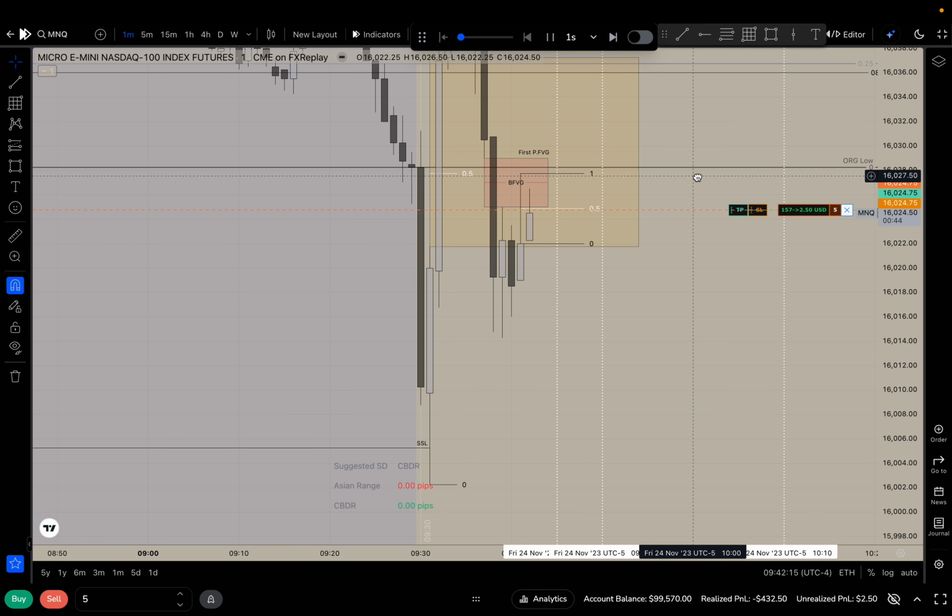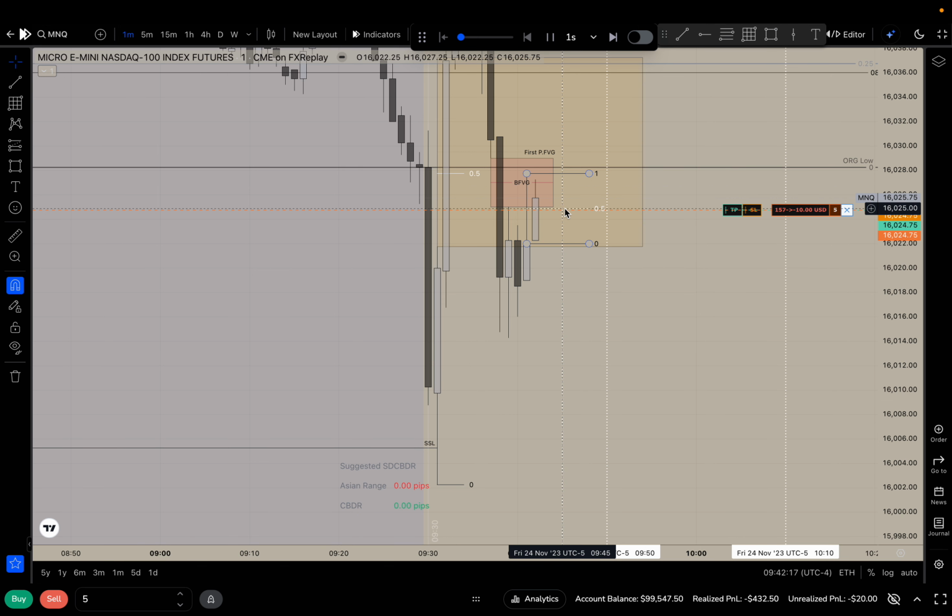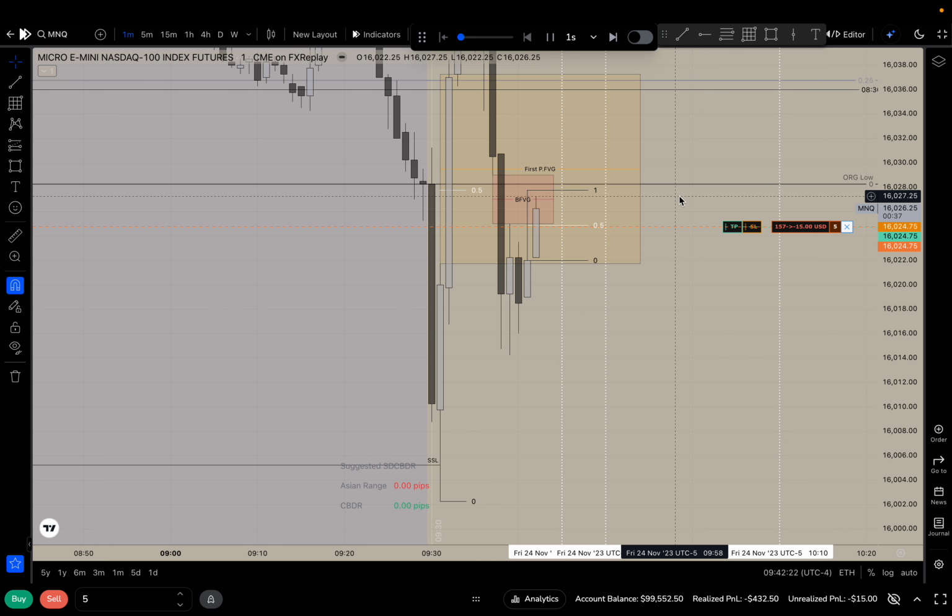But I do want to see respect of this wick. Primarily though, the CE of the first presented fair value gap would be ideal.